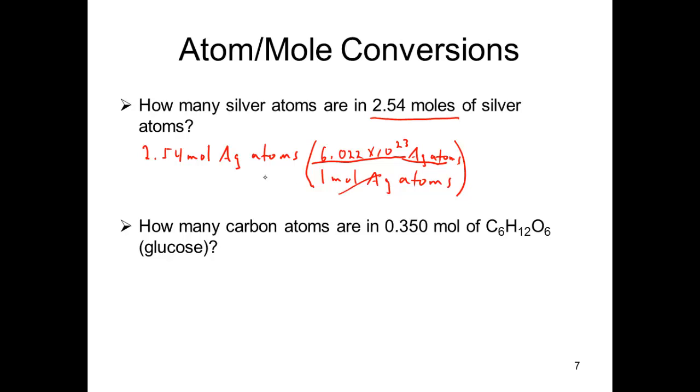So my units cancel, and I know that I have 1.53 times 10 to the 24th silver atoms. 3 sig figs.